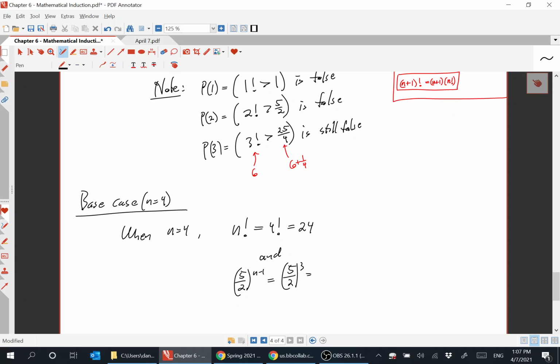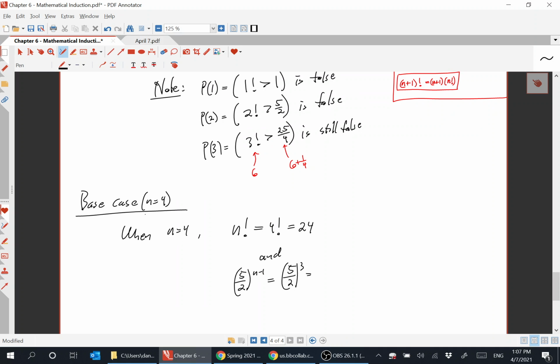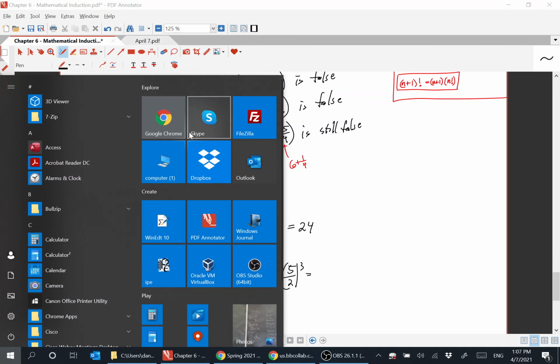well, let's actually plug that into a calculator. Oh, did I say... It's 2.5. I think I said it was 1.5 earlier. It's 2.5. Where's my calculator?